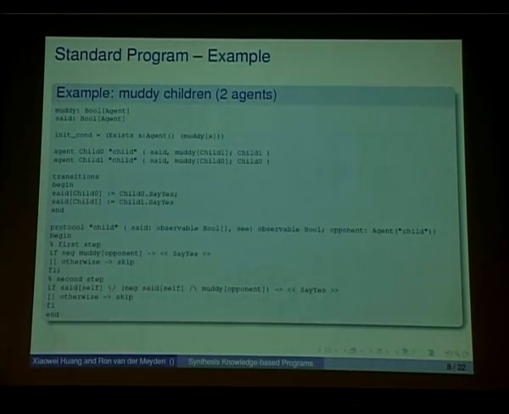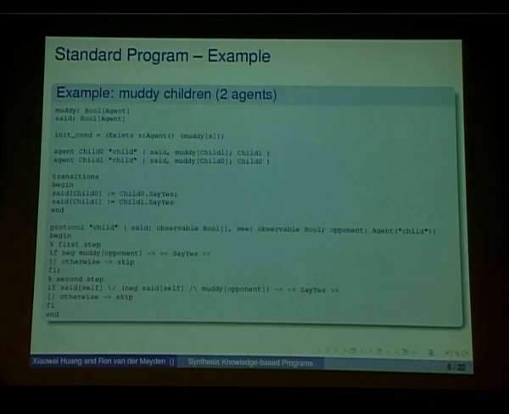The second is the said array, used to remember what all the children said in the last round. We also define an initial condition, which is the father's broadcast at the first place, saying that at least one of the children has mud on his forehead. After that, we associate a protocol with each agent.